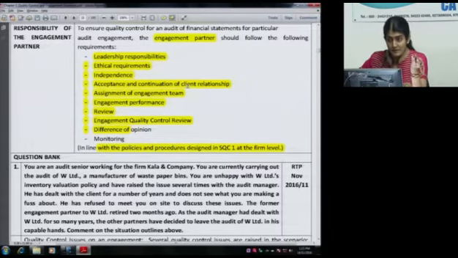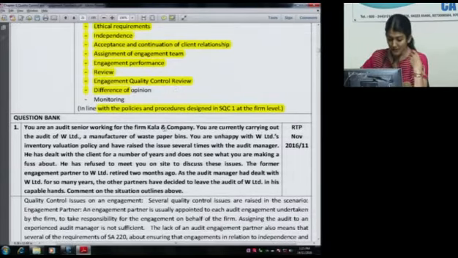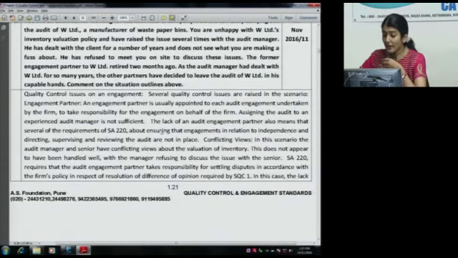So, SQC1 or SA220? Now this is at audit level, so SA220. So one, there is no engagement partner. Second, there are differences of opinion. And third, there is no direction, supervision, review of the work done. No review of the work done. Right, so several quality control issues are raised in the scenario. One, engagement partner.